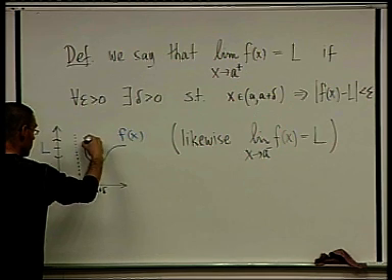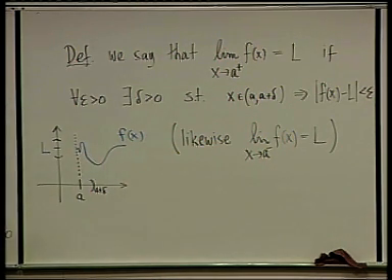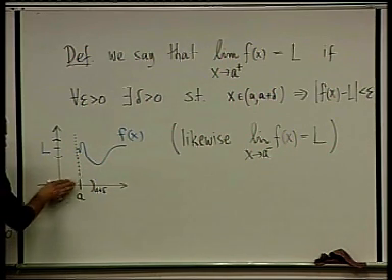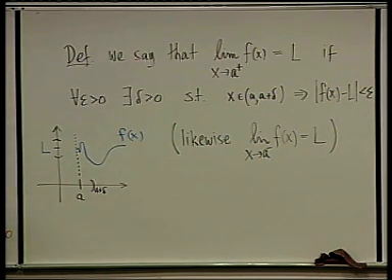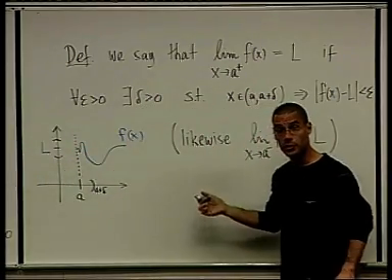The function can look something like this. So it can have values greater than or less than, and that's okay. The only thing that I want is to guarantee that x's are always to the right. So the neighborhood of L is still a symmetric neighborhood. Okay, good.